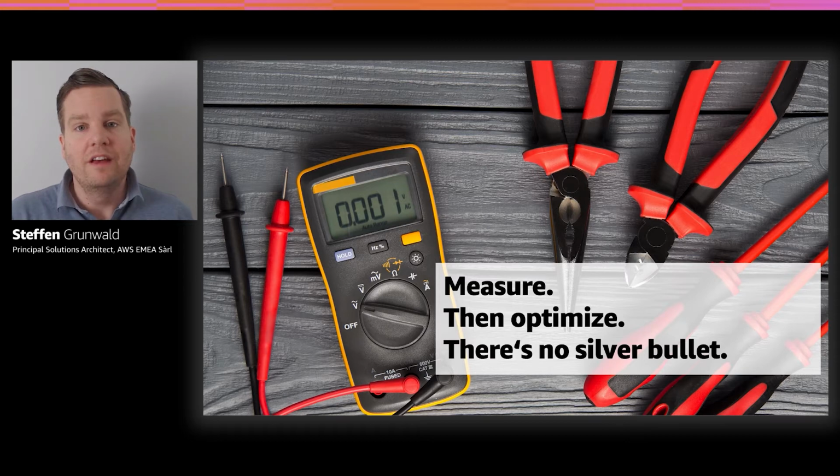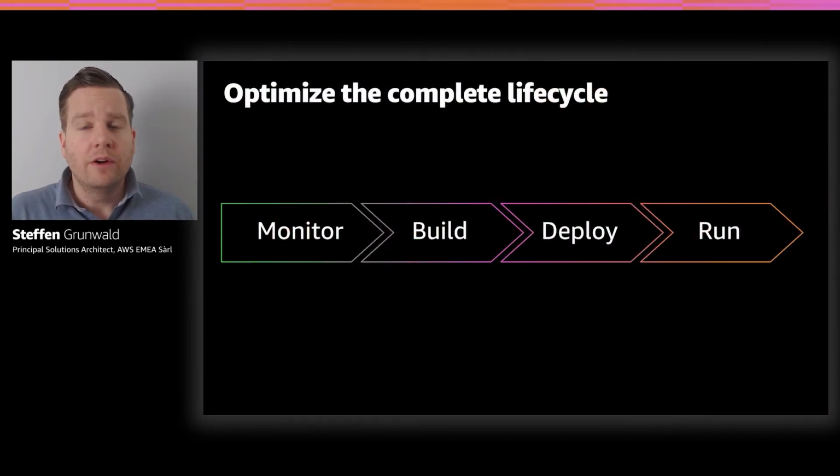So always measure, then optimize, then measure again, and repeat this cycle. What we are going to look at is the whole life cycle. So we look at build, deploy and run, and then monitor. But as monitoring and measurement is this important, as I just said, we will look at this first.